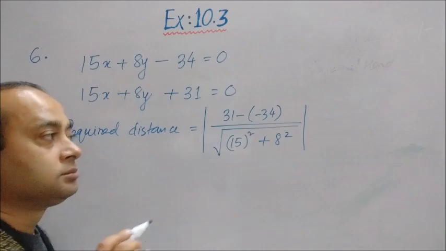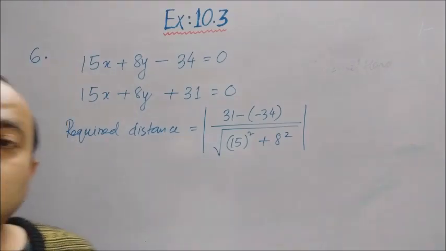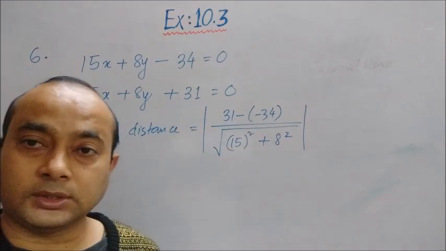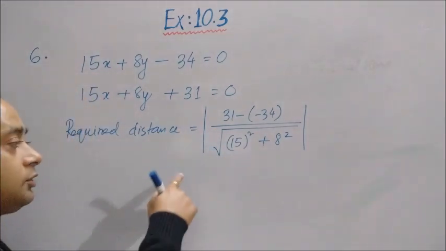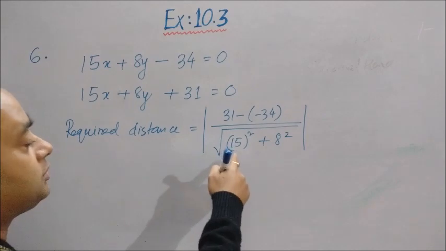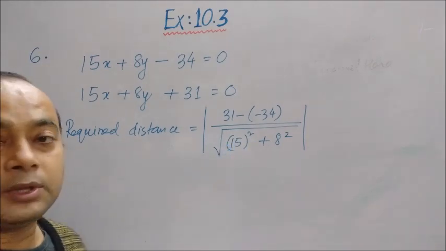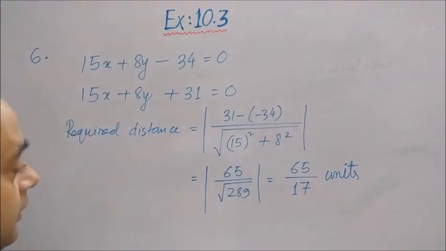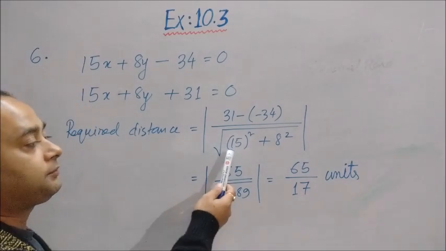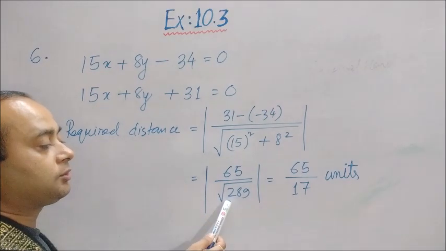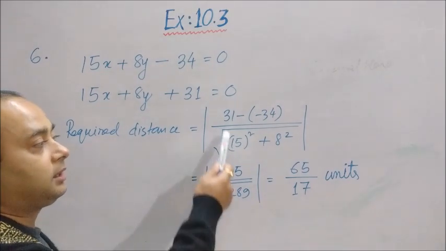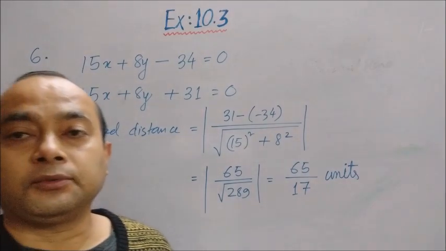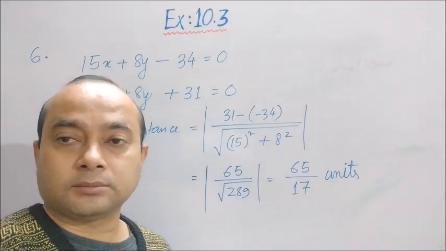This is always the case when two parallel lines are there. We should take the difference between their constants, and in the denominator the square root of the sum of the squares of the coefficients of x and y. So after calculation, 15 square plus 8 square, square root of 289, that is 17, and 31 plus 34 is 65. So this is the answer to the first part of question number 6.